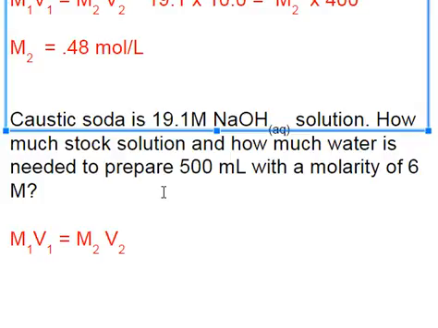So if I set my problem up similar to what I just did, I've got 19.1 is my beginning molarity, but the question is how much of that should I use? So V1 is what I don't know, because I want to make 500 milliliters, and if I'd rather put this as liters, that's fine. 500 milliliters with a strength of 6 molar.